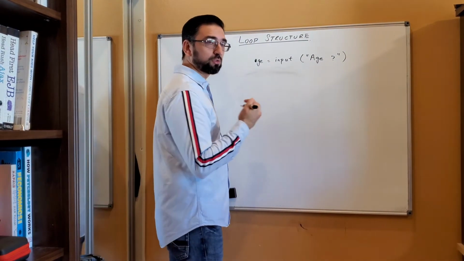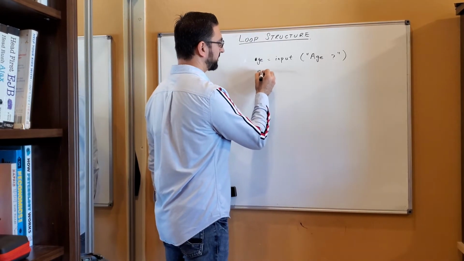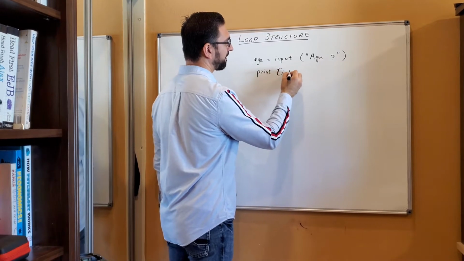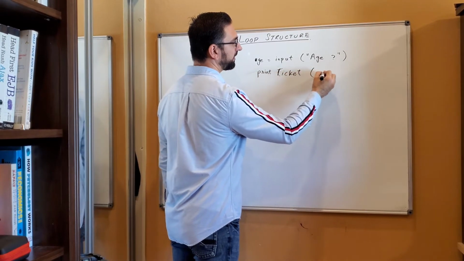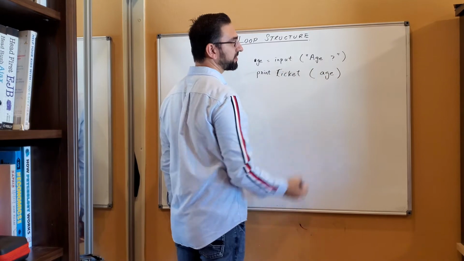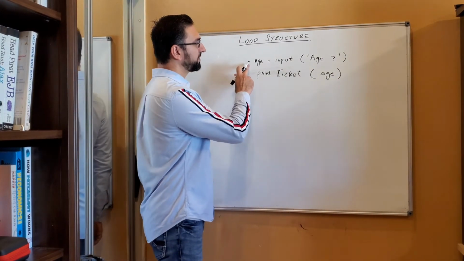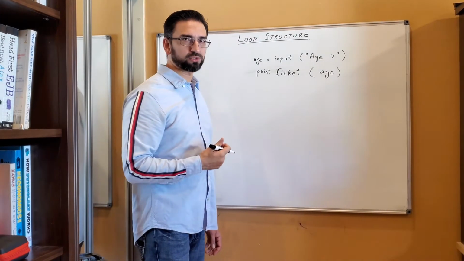And then you have to print a ticket based on the age. Now suppose we have to do the same thing for 1,000 users.